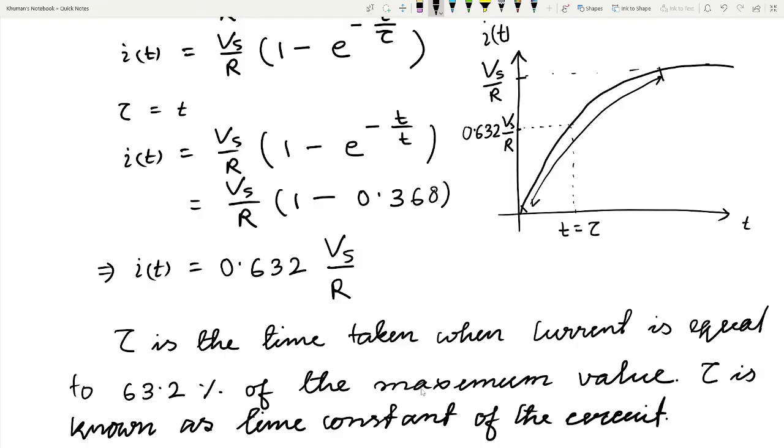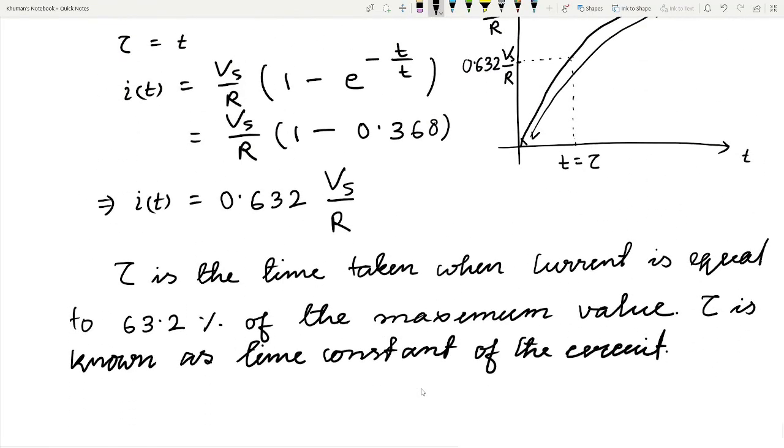And after reaching the maximum value it will continue at the maximum current only. Okay, and this portion is known as the steady state value. So we call this also the transient response of the RL circuit.